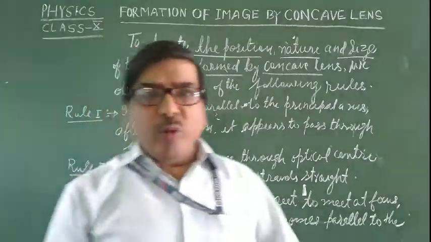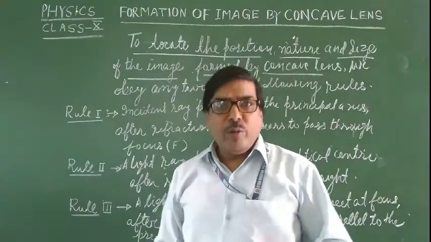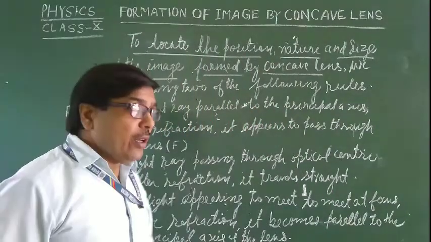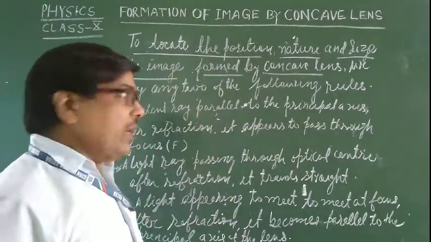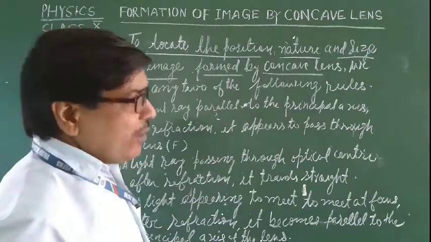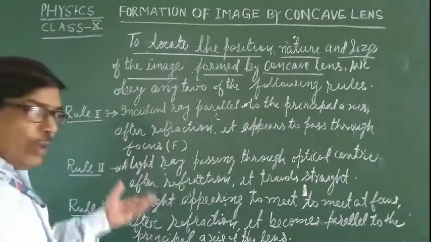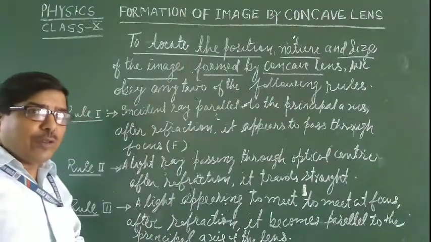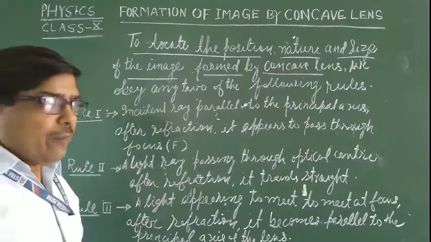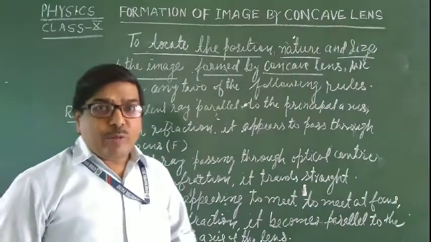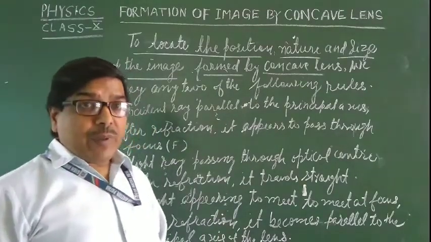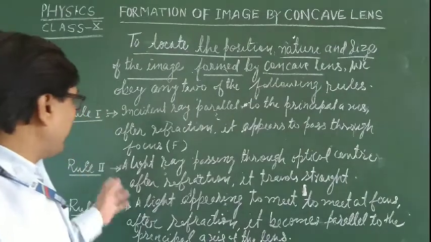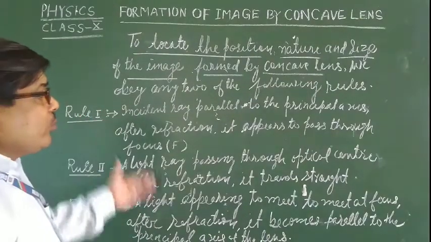There are some rules which we can apply during the formation of image by a concave lens, as we know that a concave lens always forms a virtual, erect image, which is very small in all cases. So what are these rules?